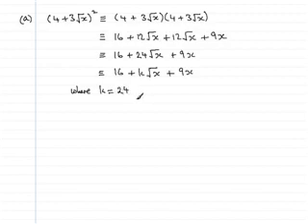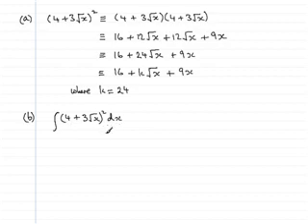Alright, let's move on to part B now. In part B, we've got to find the integral of (4 + 3√x)², integrating that with respect to x.